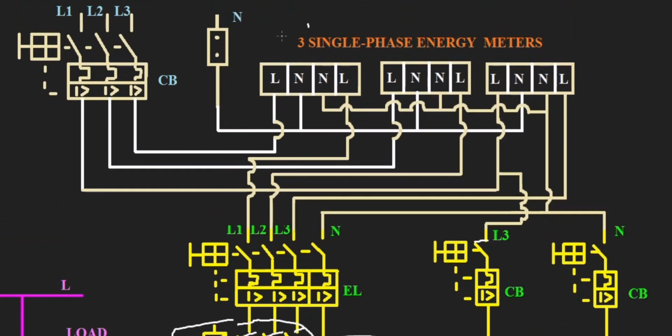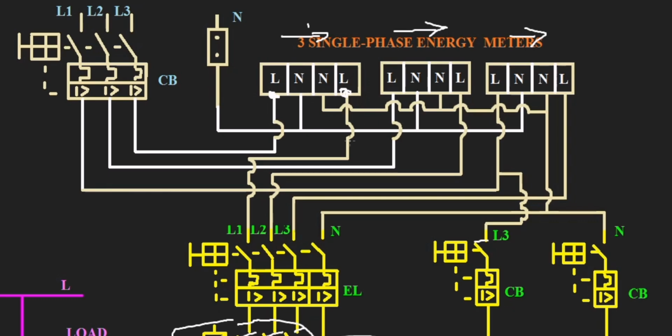The wheel will be moving in the direction that is shown in the energy meter. If it's moving in the other direction, then you have to swap your input and the output.